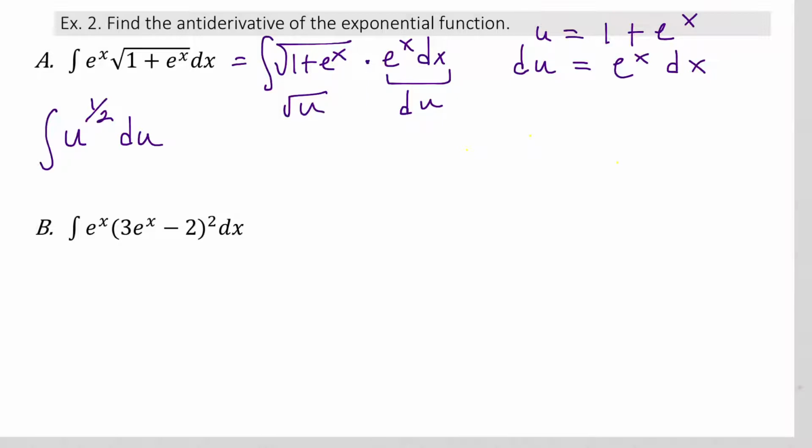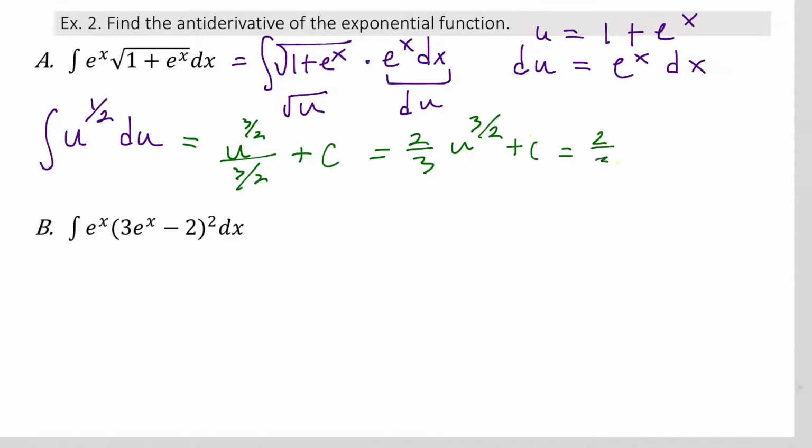So we know that the integral of u to the 1/2 du is u to the 1/2 plus 2/2 divided by 3/2 plus c, which is 2/3 u to the 3/2 plus c. All right, so now I plug back in my function in terms of x, my inner function.